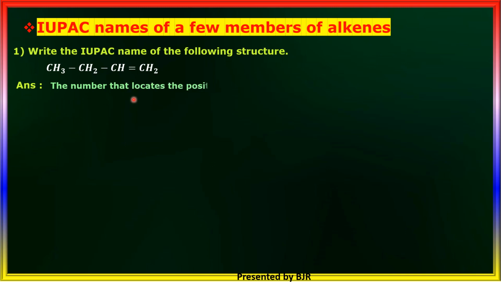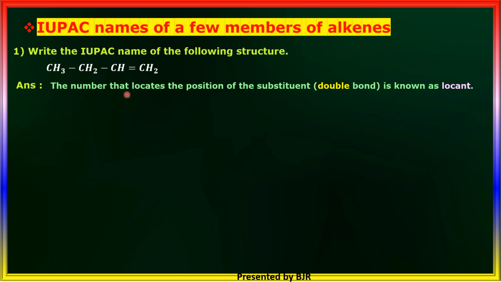The number that locates the position of the substituent, here double bond, is known as locant. So double bonds are also considered as substituents.